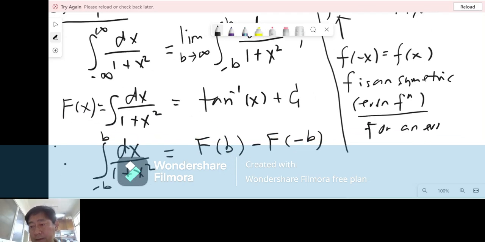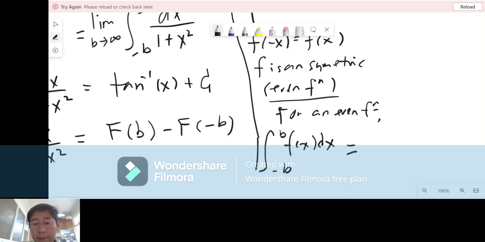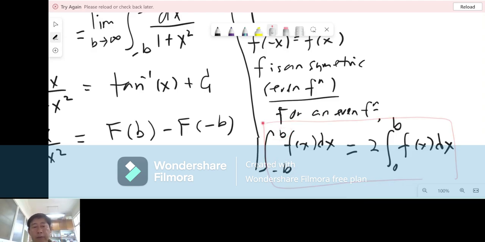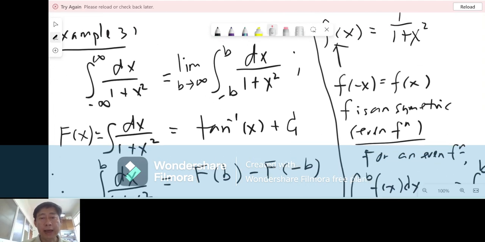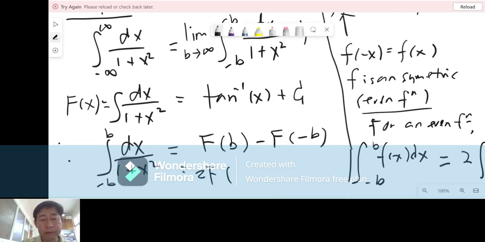For an even function, the integration from minus b to b is just twice the integration from 0 to b. That is because the values of the function evaluated at minus b and b are the same. So we have this very nice result that will help us to simplify the integration we are dealing with. That is, the integration is simply equal to 2 times the capital function F evaluated at b.